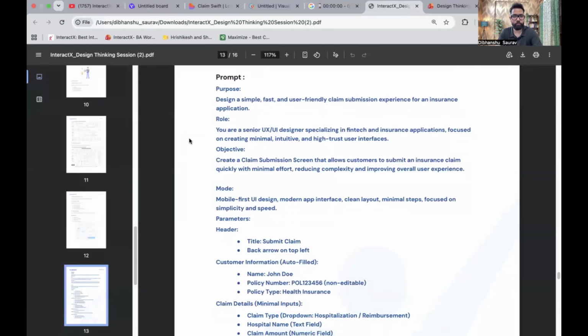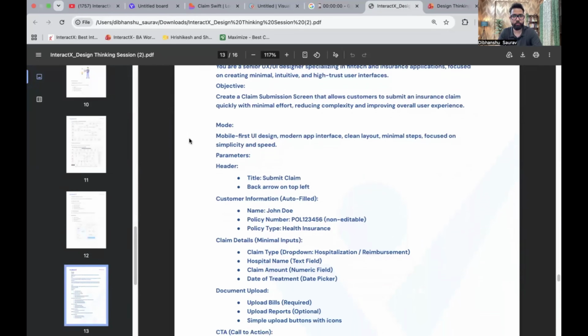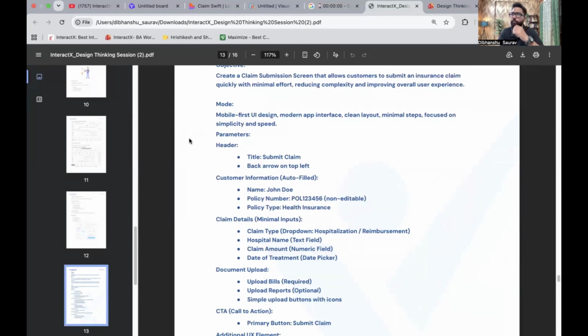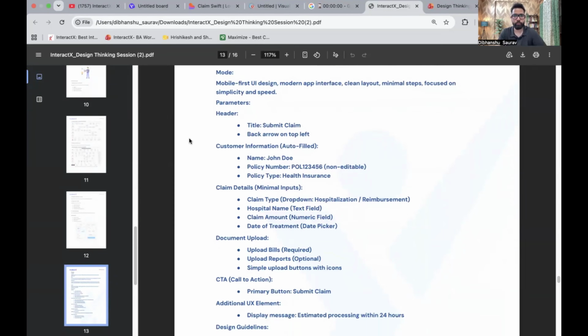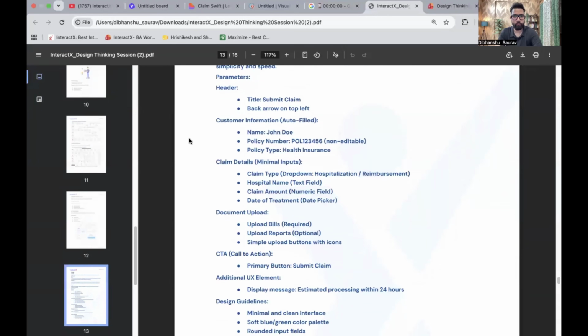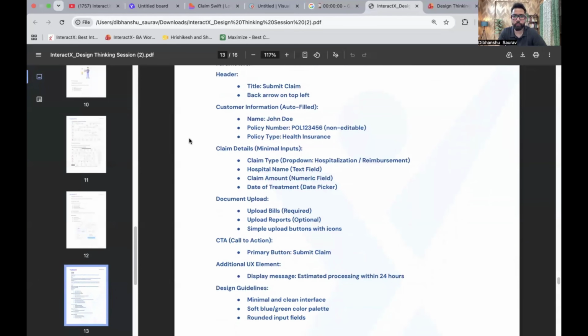Mode: mobile-first UI design, modern app interface, clean layout, minimal steps, focused on simplicity and speed. Parameters. Header: title Submit Claim, back arrow on the top left. Customer information, autofill: name John Doe, policy number POL 12, non-editable, policy type health insurance.